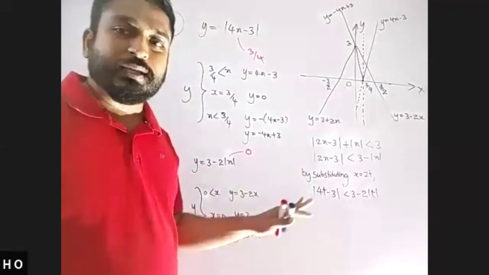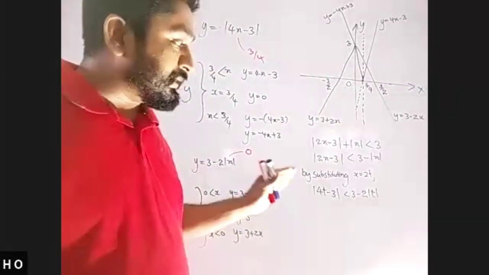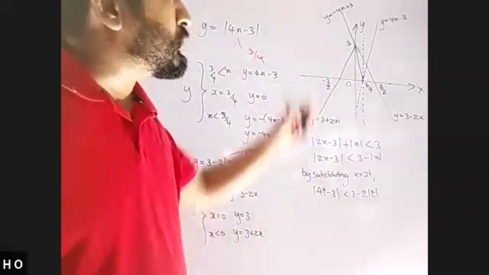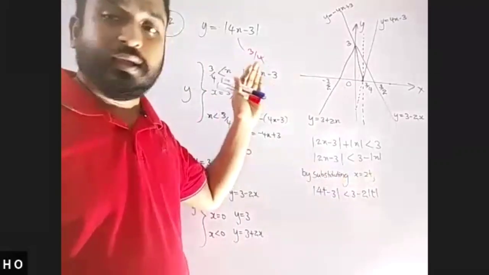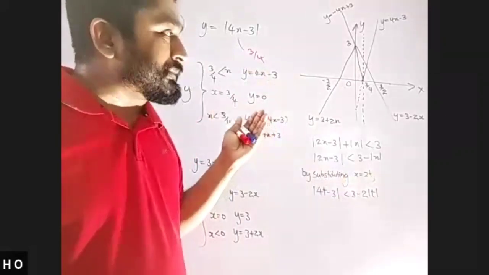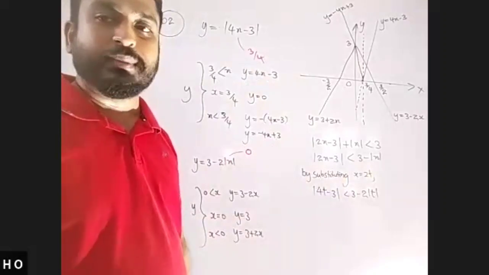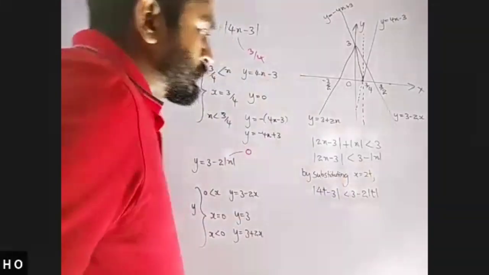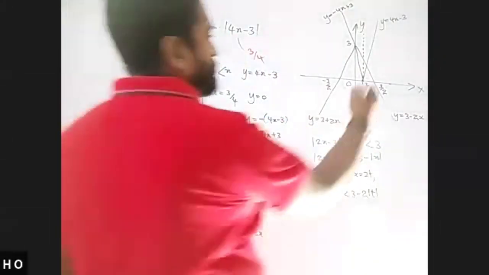Now you can see the connection between your graph and a different variable. It doesn't matter. Here y is plotted against x; in the same way, had it been plotted against t, it would have been the same graph. The input variable doesn't matter. So this is what you need to have.